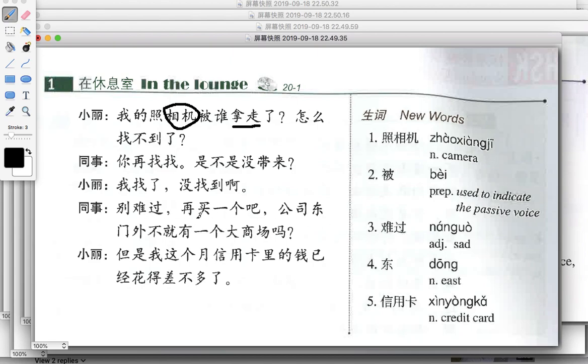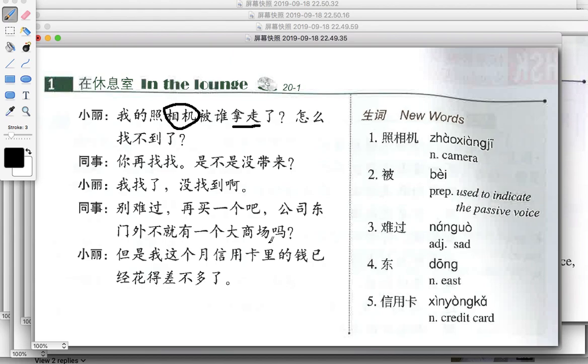难过。再买一个吧。公司东门外不就有一个大商场吗？商场 is bigger than a 商店，商场 is a shopping mall. 场 is like field, right?